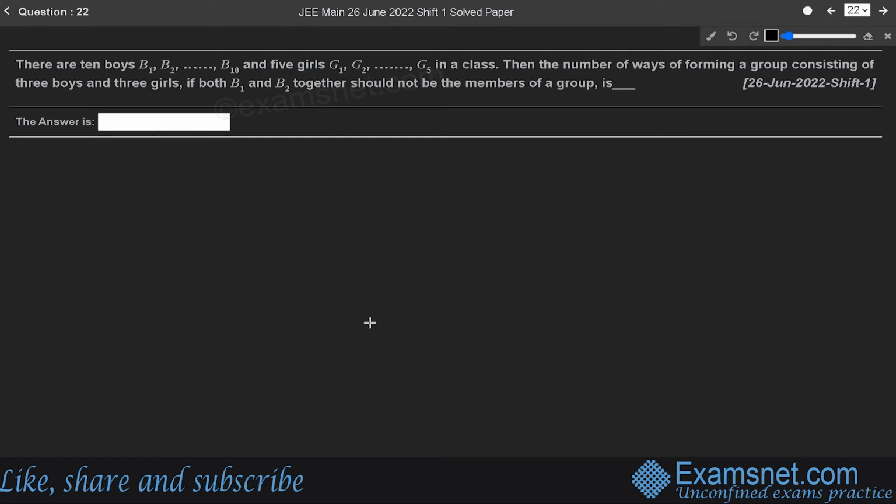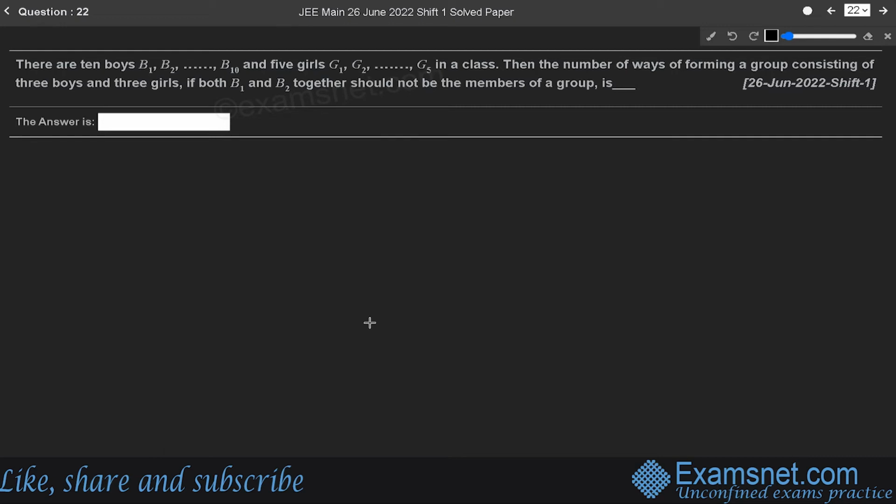Next question is, there are 10 boys, B1, B2 up to B10 and 5 girls, G1, G2 up to G5 in a class. Then the number of ways of forming a group consisting of 3 boys and 3 girls if both B1 and B2 together should not be the members of a group is.